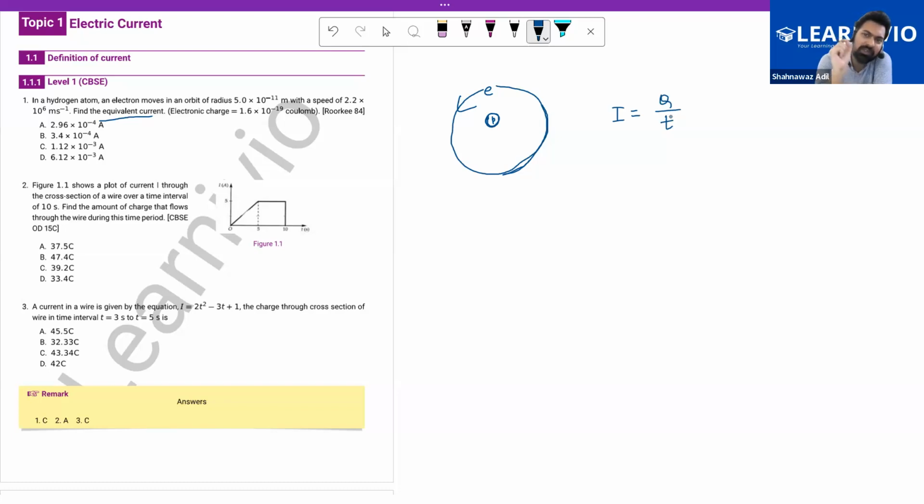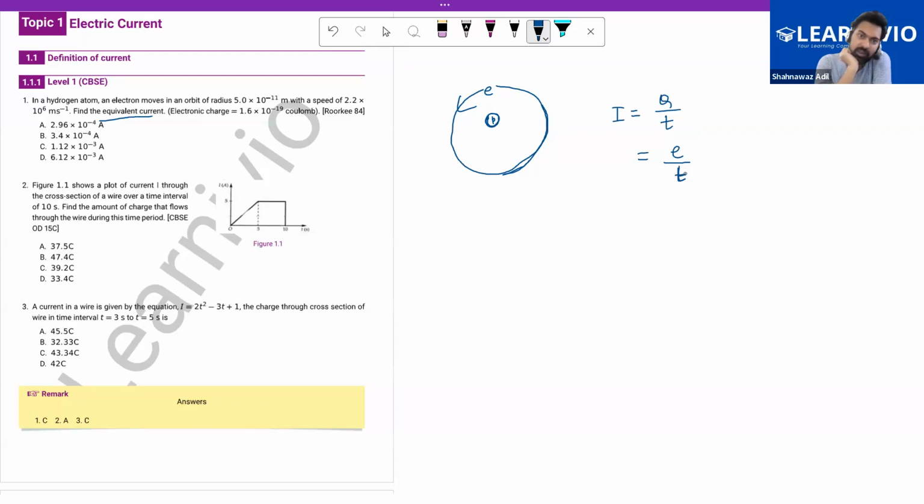The charge which is flowing, that is the electron. And the only thing that we require is the time.